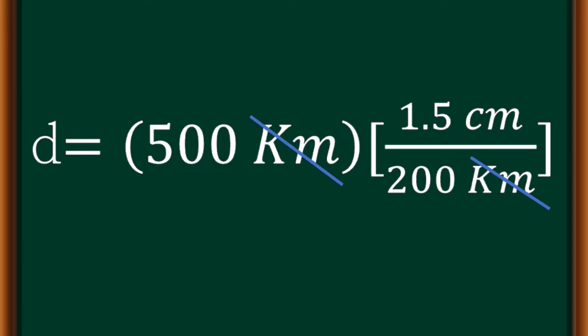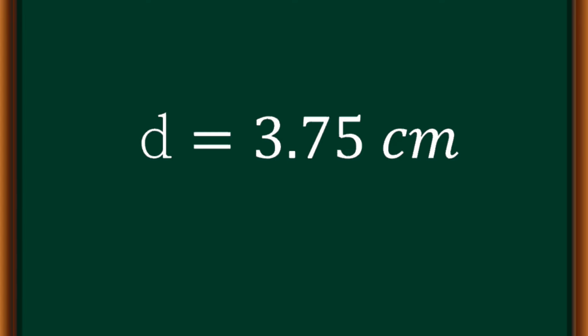What remains is the unit in centimeters. Then do the mathematics by dividing first 1.5 by 200, then multiply its quotient by 500. Then, here you go. You have the answer. Distance is equal to 3.75 centimeters.